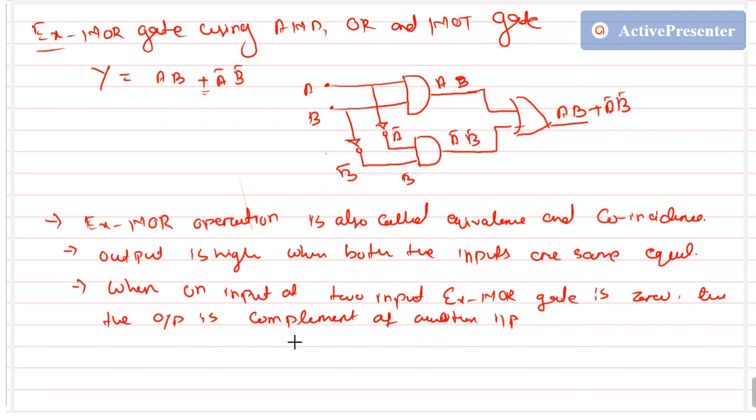So let us see how it is happening. This is an XNOR gate, and it is saying when one of the inputs is 0, suppose I ground this, meaning this input is 0, the output is A bar.